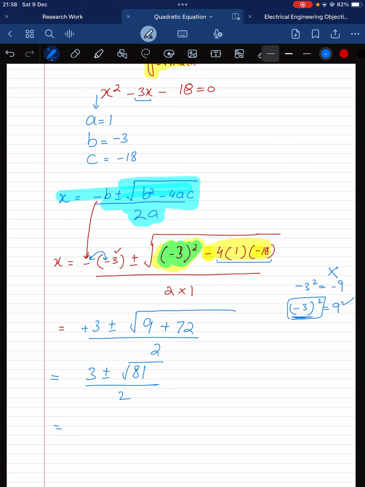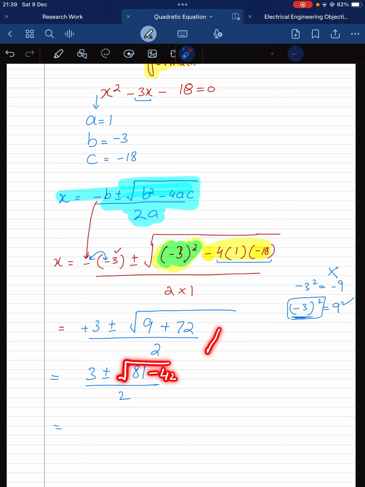How can you figure out you are doing it correctly? If you put minus over minus at this place, your answer will be negative under the root. Whenever you get a negative value inside the under root, it means that you have done something wrong in the previous step. So you can recheck and do the calculation again, because it's not possible to get a negative value inside the under root.